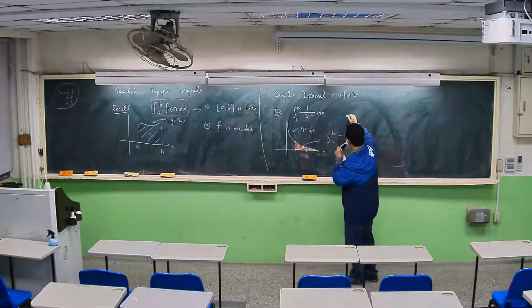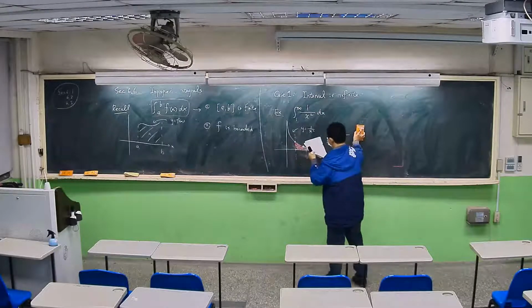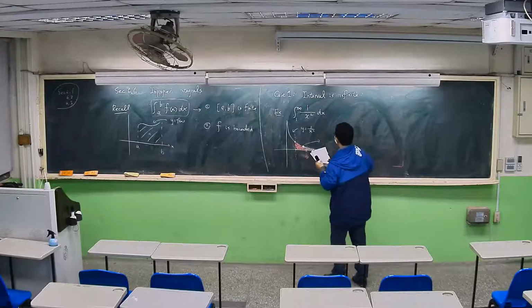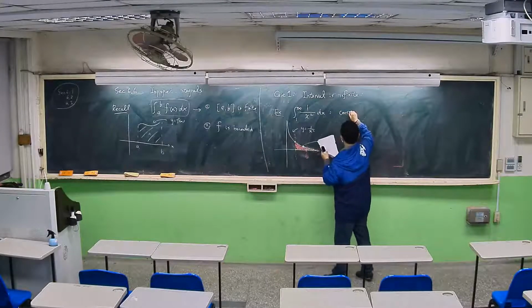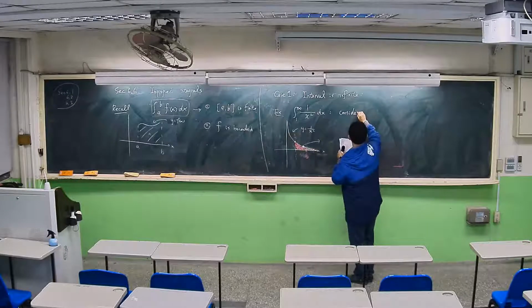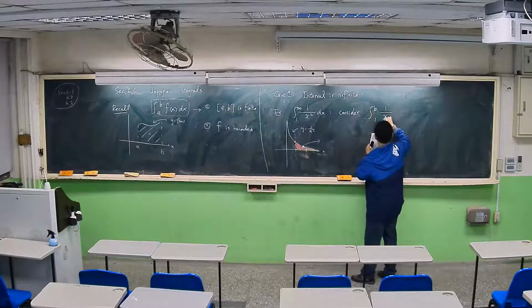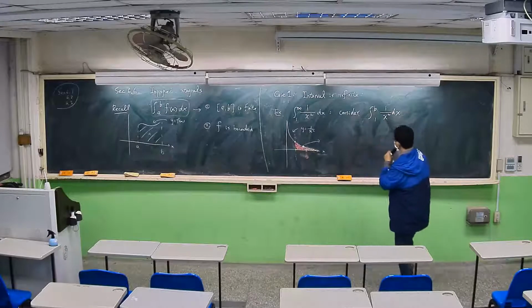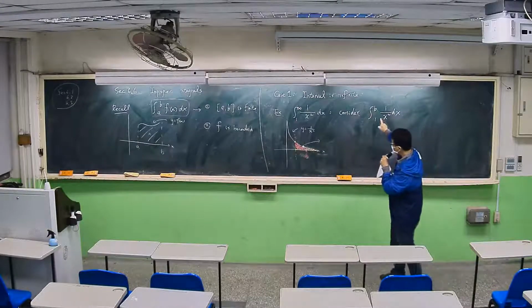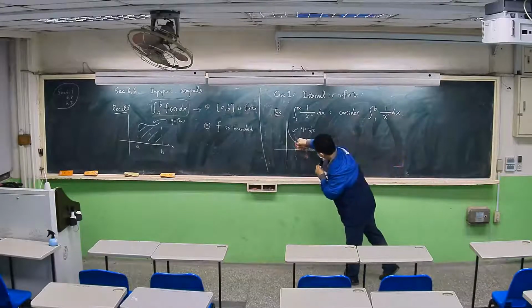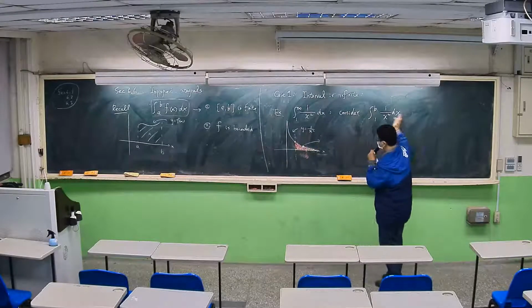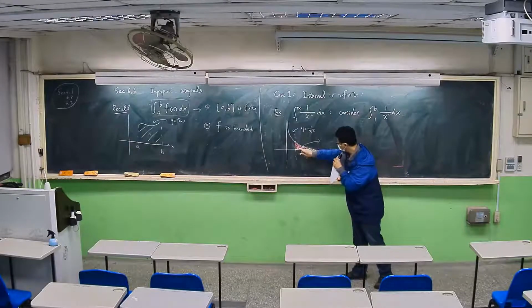I write it down over here: we consider 1 over x squared dx, integrated from 1 to b, to get this area.